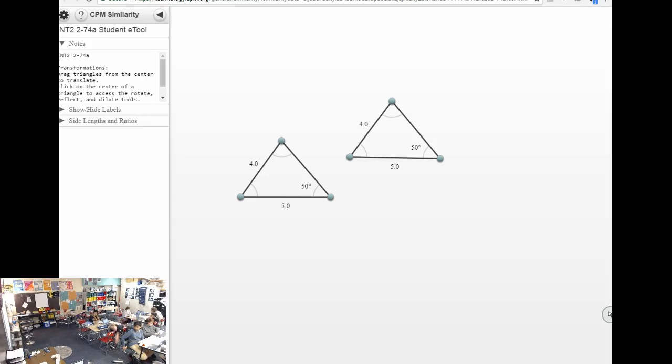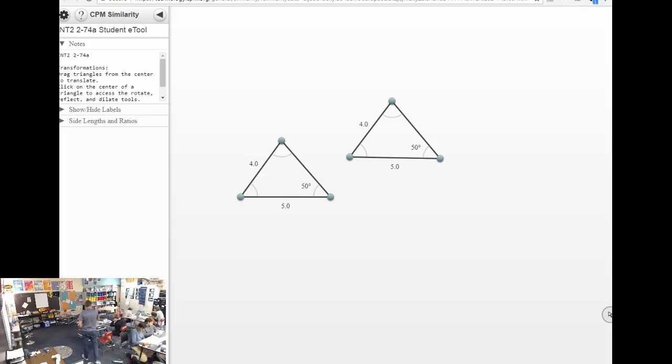Alright, everybody, the answer is no. We have about 2 minutes left. I want you to play with your E tool. Right now, how these triangles are, everything I see, they sure seem congruent. If you don't think they are, prove it. Just take a couple minutes and play with it on your own.